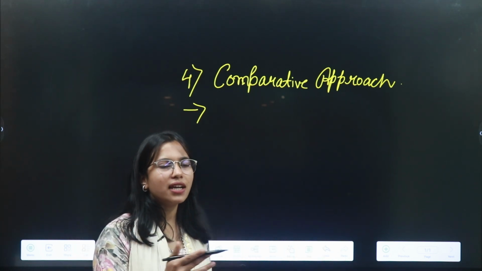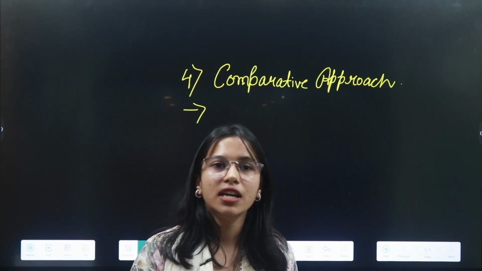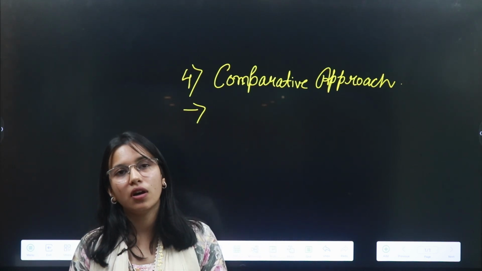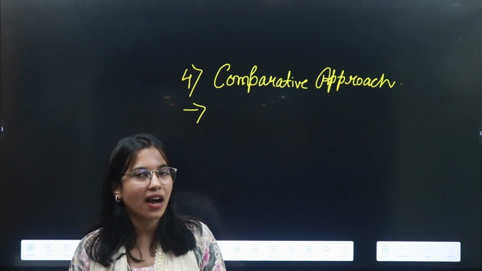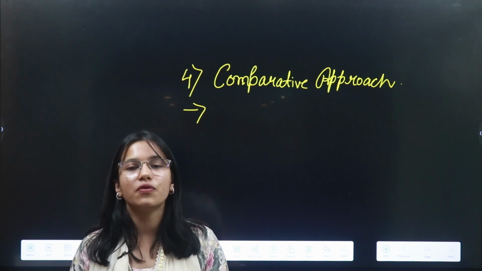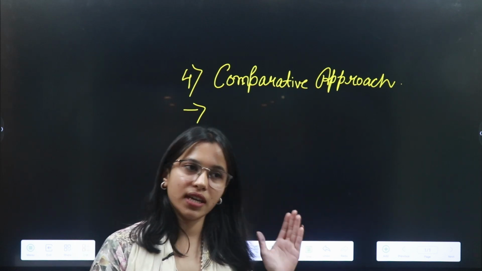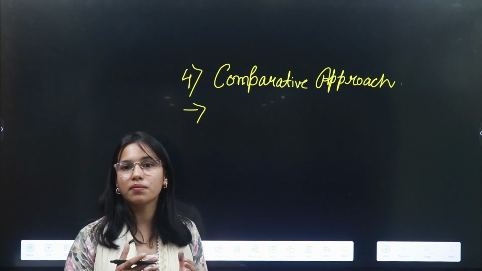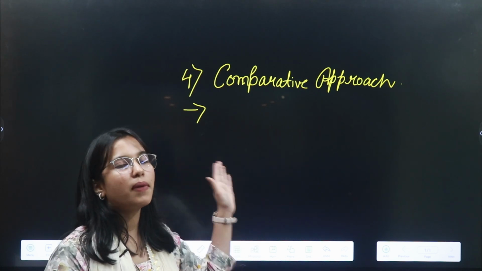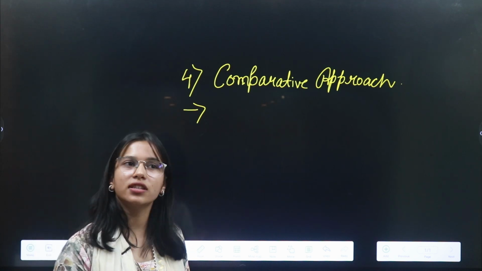By comparing all the events, facts and ideologies, we try to come to the conclusion of the problem that we have right now, the issues that we want to tackle right now. So in this comparative approach we come to a result or output by comparing a set of events or ideologies, all the facts.